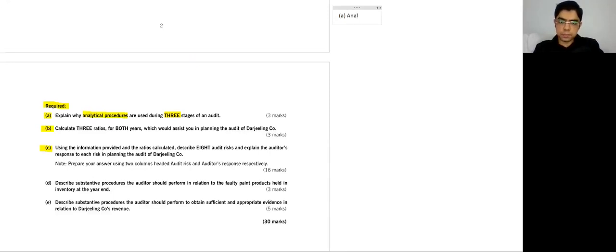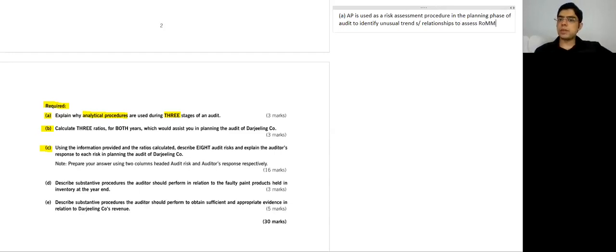Analytical procedures, AP, I would summarize it: AP is used as a risk assessment procedure in the planning phase of audit to identify unusual trends, relationships, to assess the risk of material misstatement.